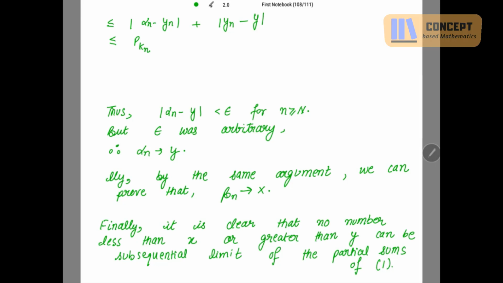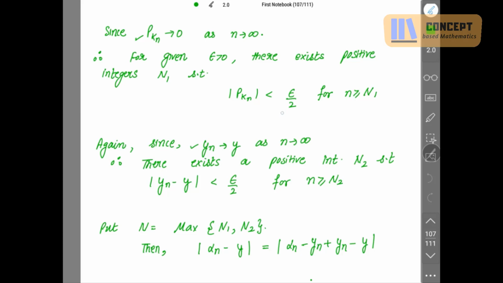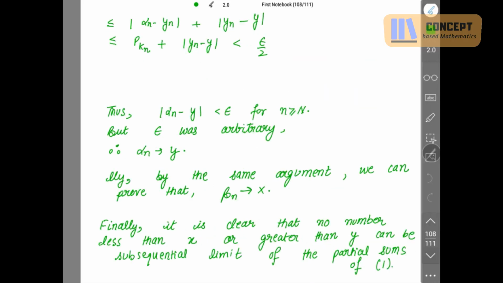And this mod yn minus y is further less than, pkn is less than epsilon by 2 because I have to use these two. For pkn I got this, for mod yn minus y I got this. So this is epsilon by 2 and this is also less than epsilon by 2, which is equal to epsilon for n greater than or equal to capital N. Right?